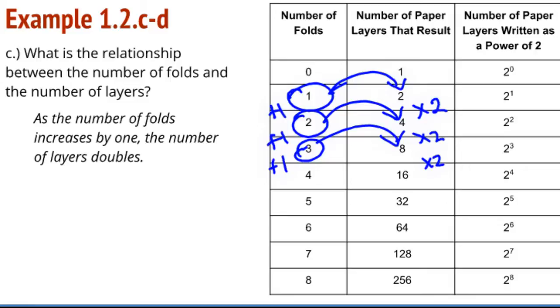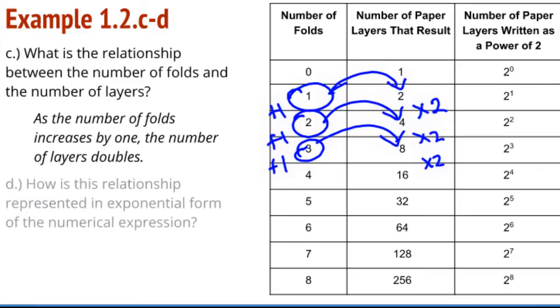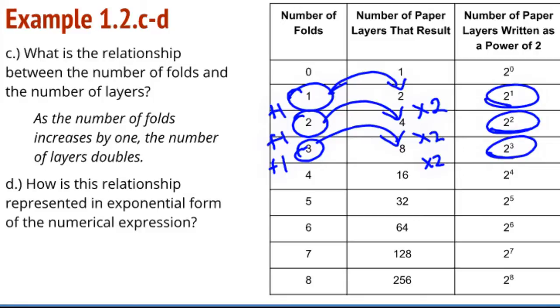This is an exponential relationship. And we represent it in exponential form by increasing the exponent by 1. So by adding 1 to the exponent, and then having a base of 2, we are showing to add 1 more doubling.